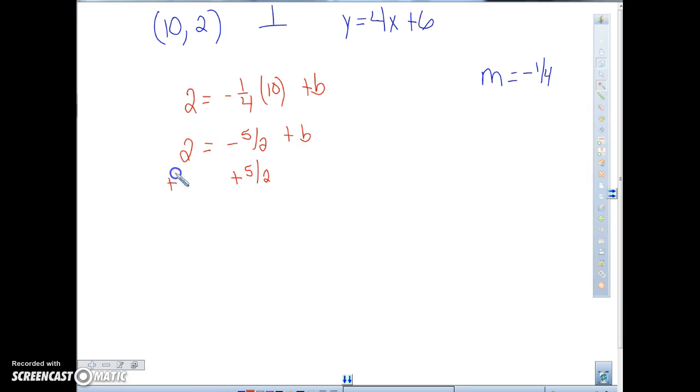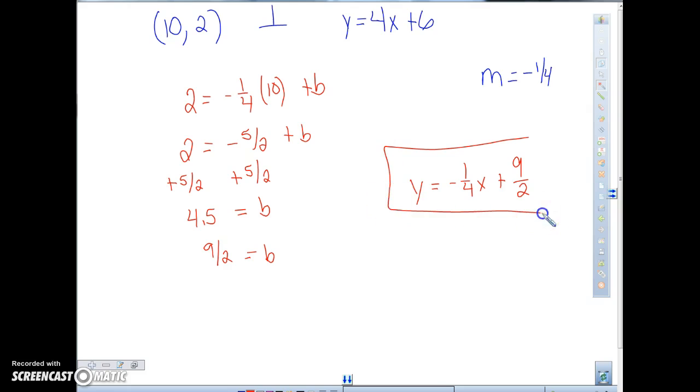Add your 5/2 there, and you get 4.5, or 9/2, which is probably how I would write it. I would prefer 9/2. So when I write my equation, y is equal to negative 1/4 x plus 9/2. And that completes lesson 2.4, writing equations.